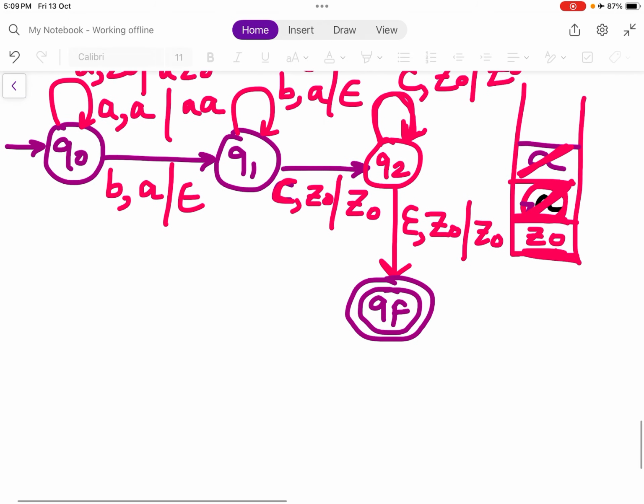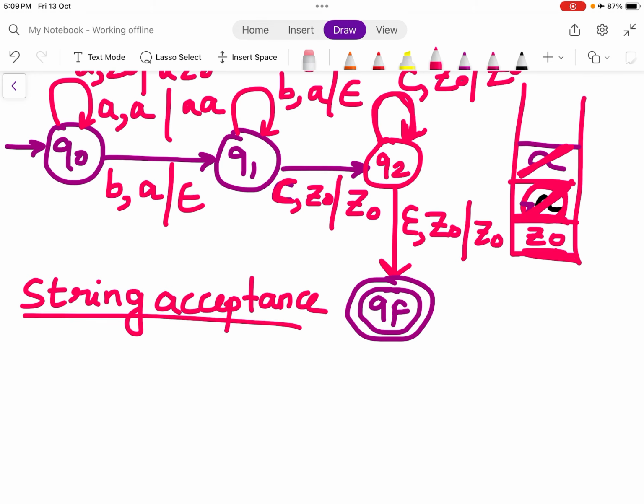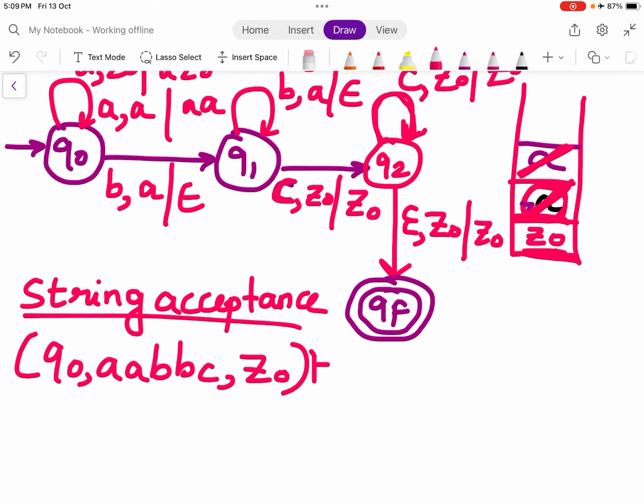For this, let's see the string acceptance. Q0, A, B, B, C, Z0.